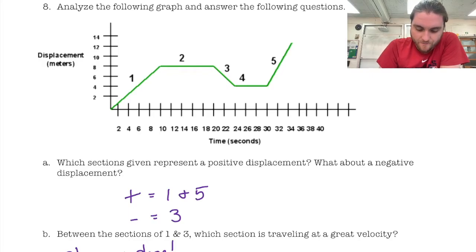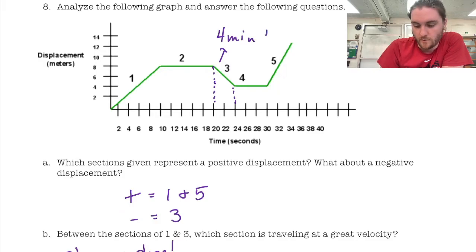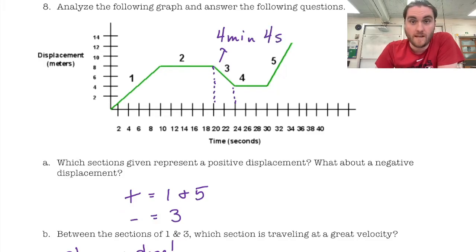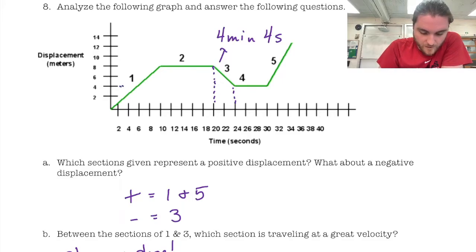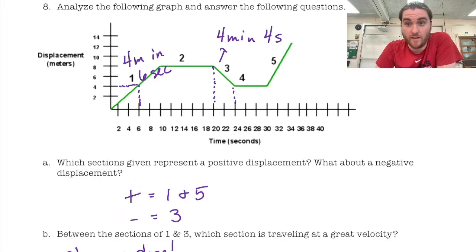Section 3 travels 4 meters in 4 seconds. As opposed to 1, which traveled 4 meters in 6 seconds. Since 1 takes longer, it's traveling slower, and 3 has a higher velocity.